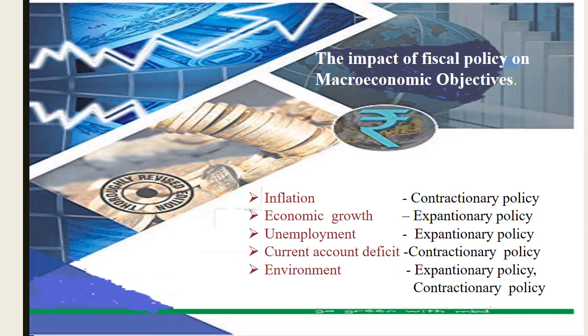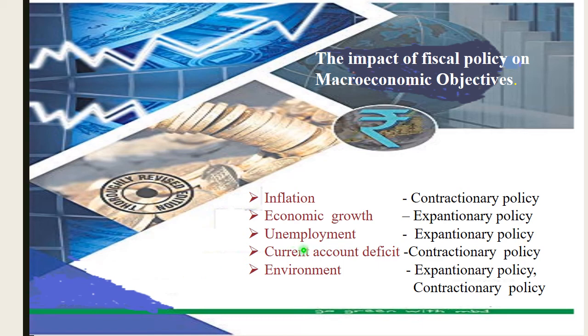If you could understand the contents of this lesson, you will be able to suggest a policy for the variables and the macroeconomic objectives, to say that this policy is suitable, why it is suitable, and how it will work in an economy.